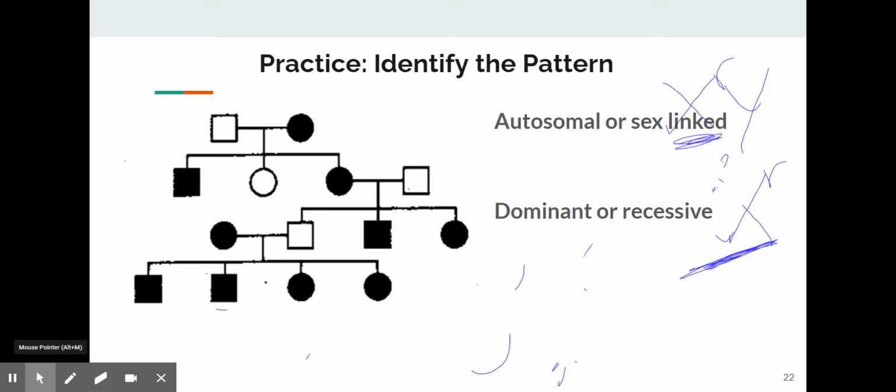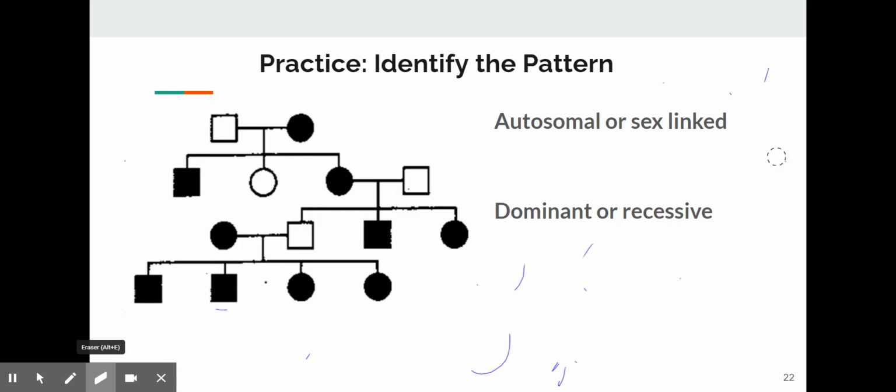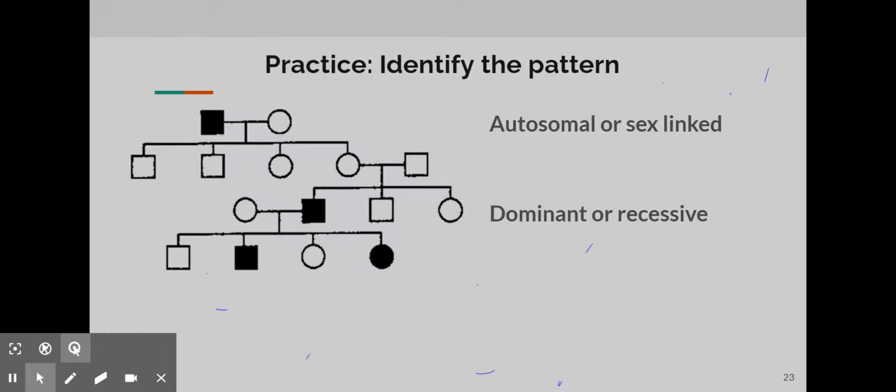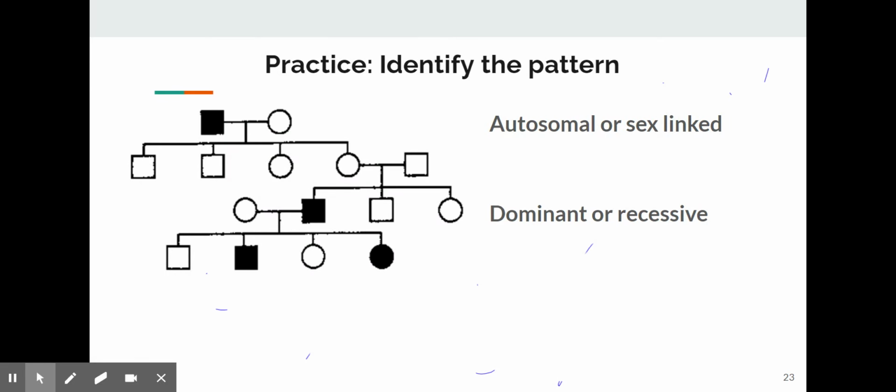Find out if it's autosomal or sex-linked, and find out if it is dominant or recessive, and tell me what it is. Here is another one. I'm going to leave them there for you to try on your own, and we'll do them together in class. I think that is the last one.